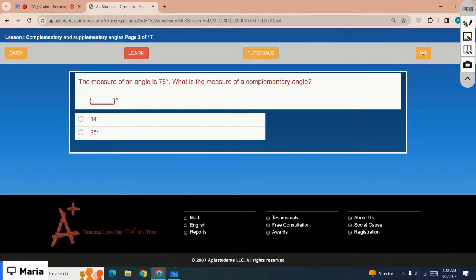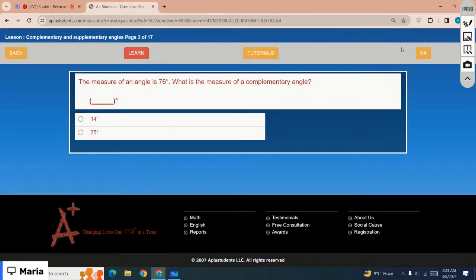The measure of an angle is 76 degrees. What is the measure of the complementary angle? 76 degrees plus 14 is the complementary angle, right?